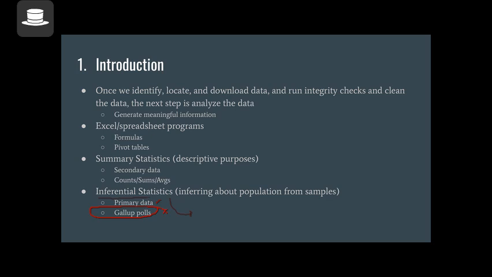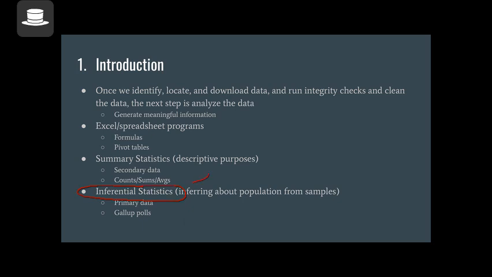They make predictions about who is going to win by randomly selecting individuals across different states and then making predictions or inferences about who is going to win. Such analysis is inferential statistics, and we are not doing that.